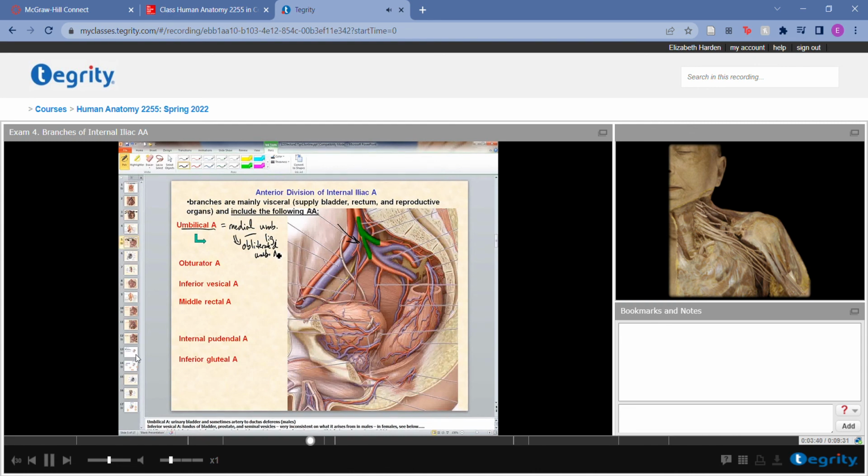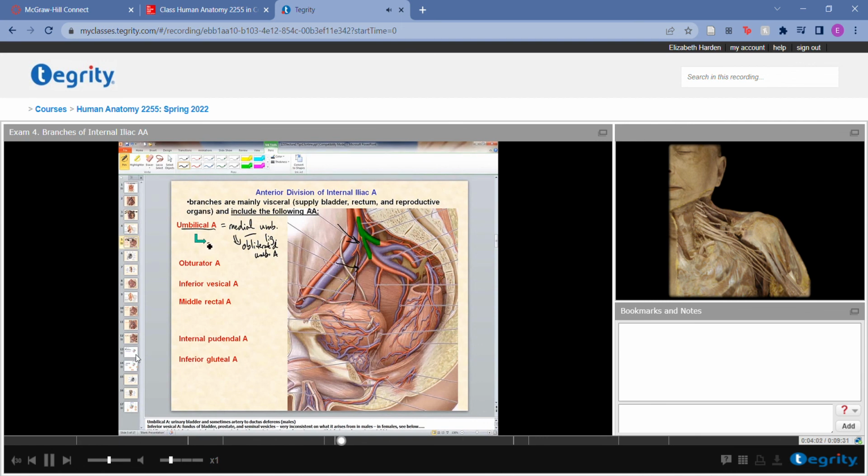Somewhere on one of the handouts you guys have in lab, it says something about the obliterated umbilical artery and then not being able to see the medial umbilical ligament. I have no idea what that's about. They're both the same thing. But the important thing to remember here is that that umbilical artery is still a functioning artery until it turns into this medial umbilical ligament, and I tell you that because it gives off this artery right here.